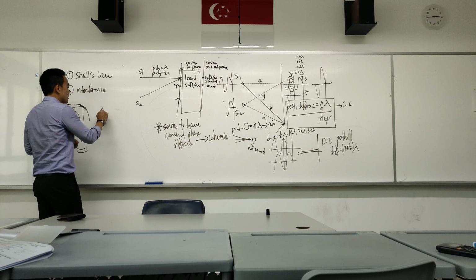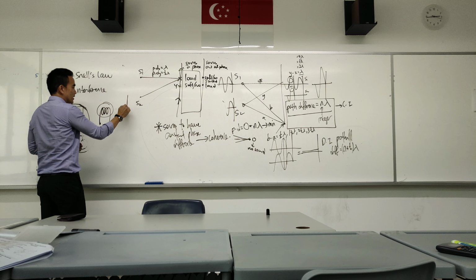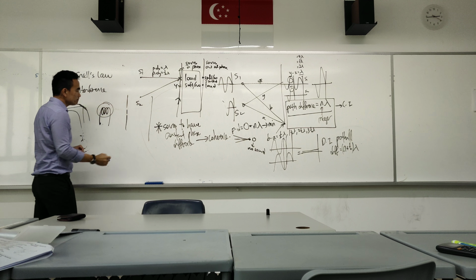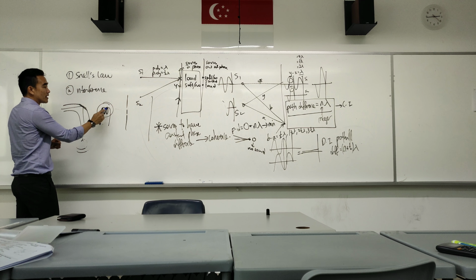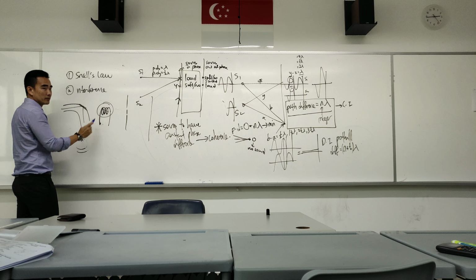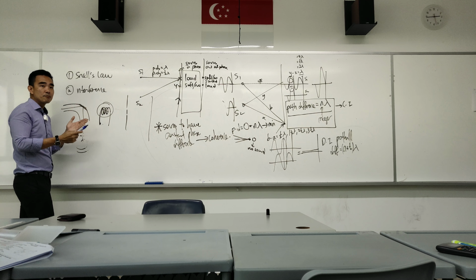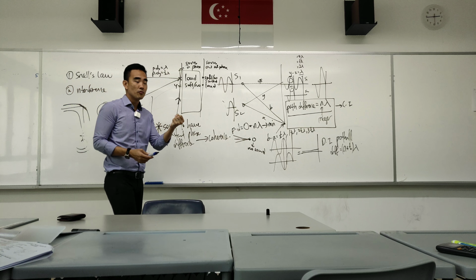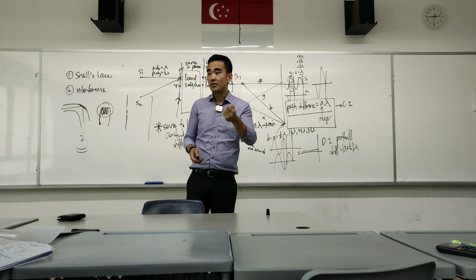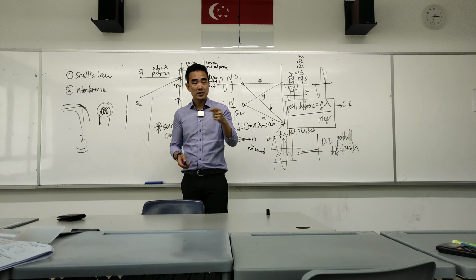Let's see, for example, if you have light from a bulb. Can you see light from the bulb comes from different points on the filament? And how does the lamp produce light? The lamp produces light by having electrons colliding with the atoms, which is a random process, random place, random time.